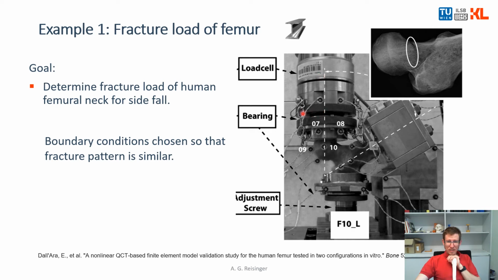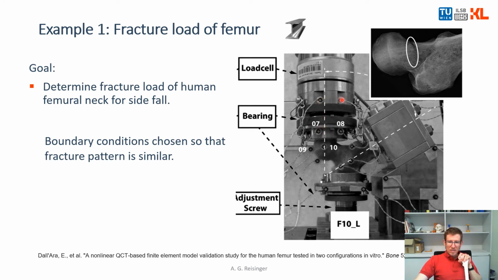You see a bearing here, because when you apply a force on the head, this piece would like to move also in a transverse direction. To not hold it in place, and to make the boundary conditions more clear, there was a bearing. So this lower piece could slide left and right and back and forth freely. This makes sure that we had only a force in the vertical direction, no other forces on the head.